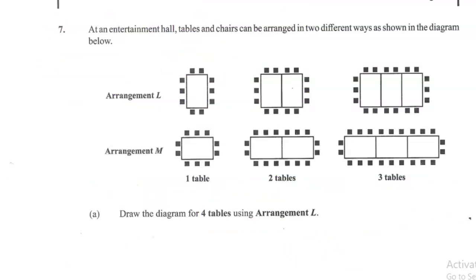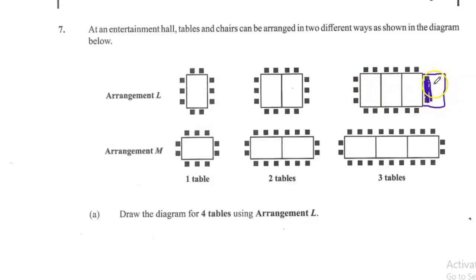At an entertainment hall, tables and chairs can be arranged in 2 different ways, as shown in the diagram above. Alright? So draw the diagram of 4 tables, using arrangement L. So notice arrangement L. So this is 3 tables. So if we have 4 tables, add a table to that. And of course, no one would be seated here because these 4 tables will be joined.